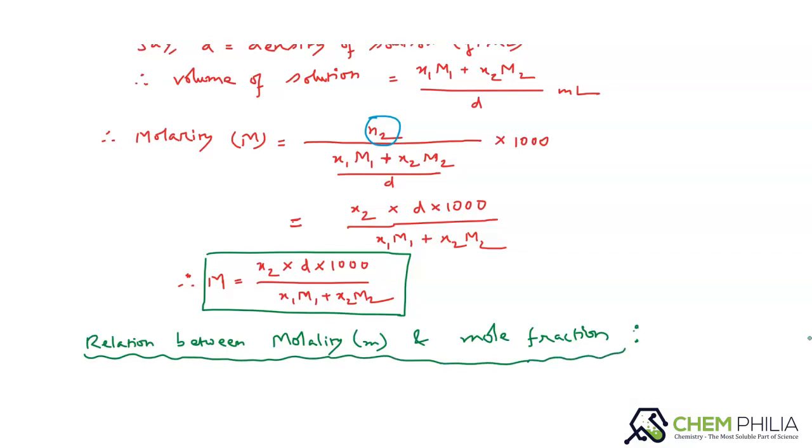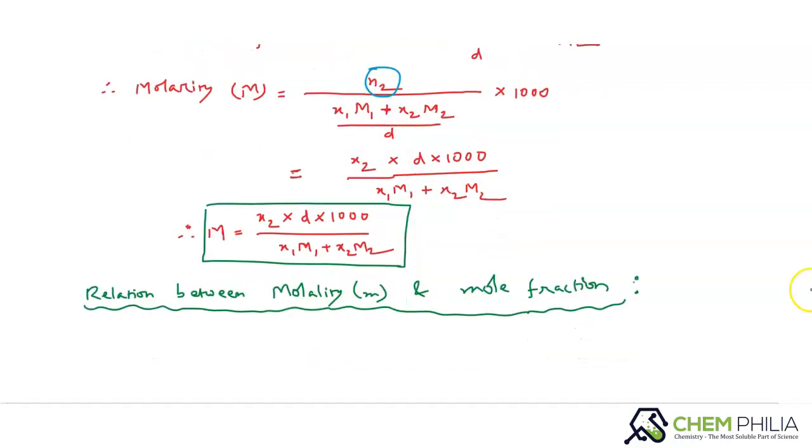Okay, so let us see the relation between molality and mole fraction. See, the symbols that we have used in the previous relation, those same symbols will be used in this relation too. Clear?